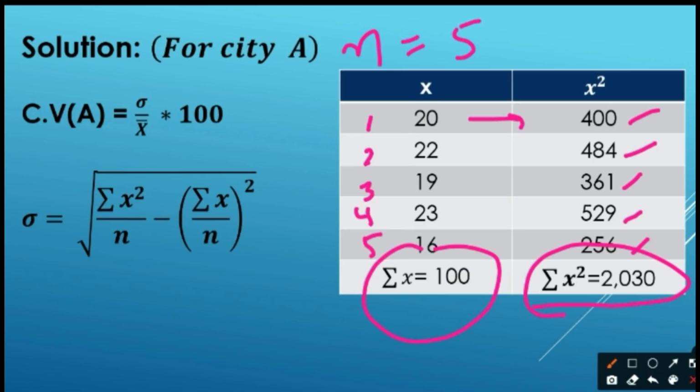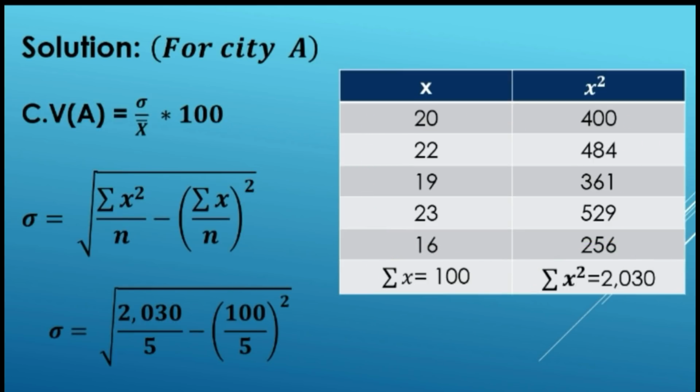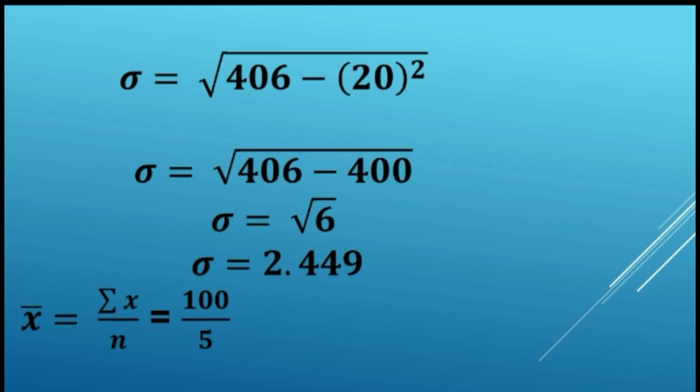So put all the values in the formula. We have under root 2030 divided by 5 minus 100 divided by 5 whole square. So we have sigma equals under root 6, and the value of sigma is 2.449. After that, find out the value of x bar, which equals summation x upon n.